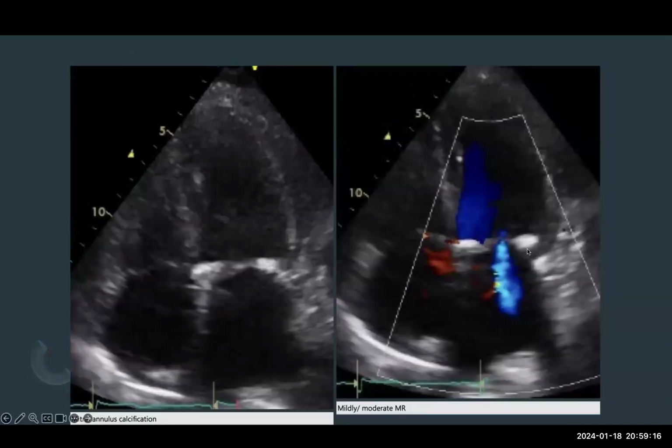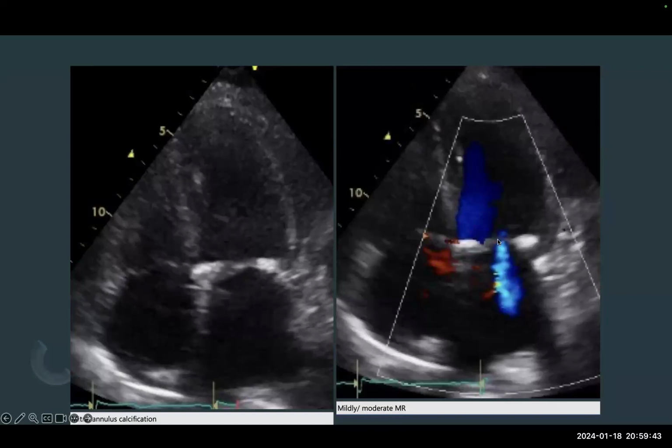And this patient has mitral regurgitation. It gets worse when a patient has aortic stenosis because the LV systolic pressure is huge in order to overcome the aortic obstruction. A lot of pressure can make the mitral regurgitation worse. When we fix the valve, the mitral regurgitation will get better.